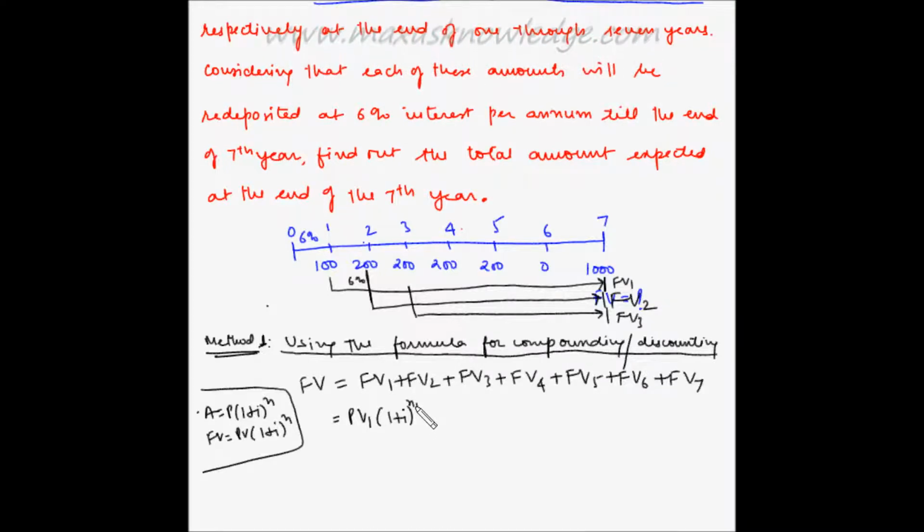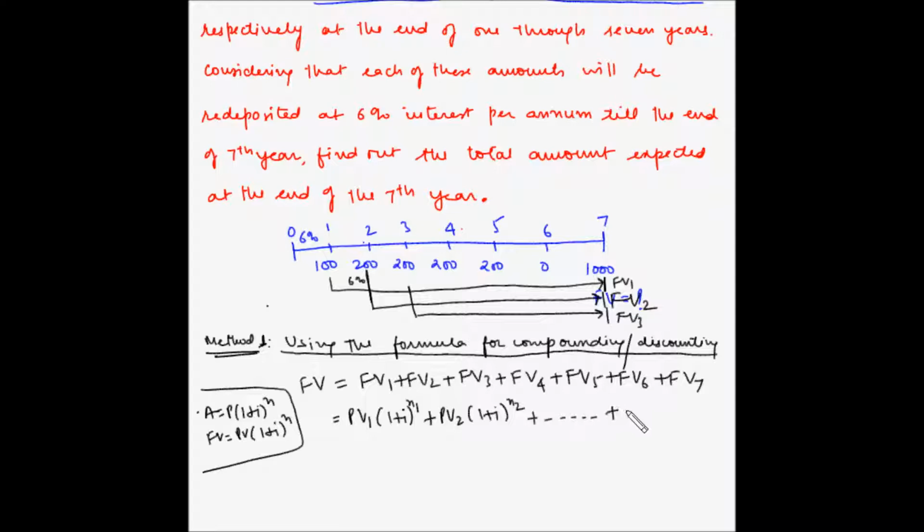I'm calling this n1 because each of these future values will have a different tenure for which they are being compounded. So this 100 rupees will be compounded for 1, 2, 3, 4, 5 and 6 years. Whereas this 200 rupees will be compounded for 1, 2, 3, 4 and 5 years and so on. So for FV2, we'll have PV2 into 1 plus I to the power n2 plus and so on.